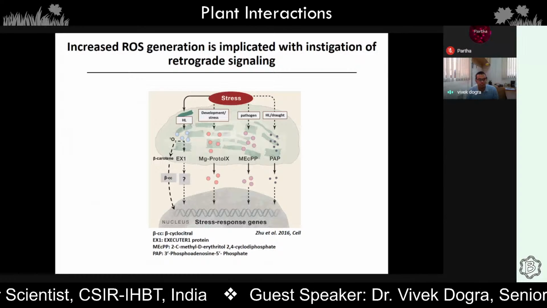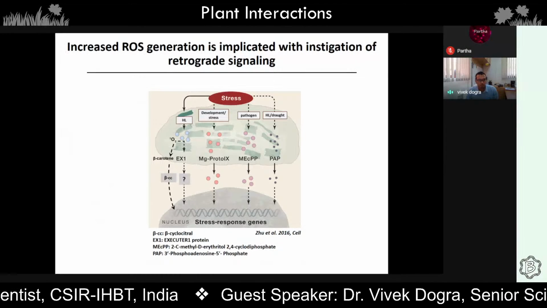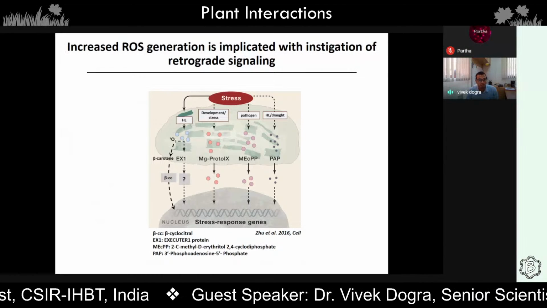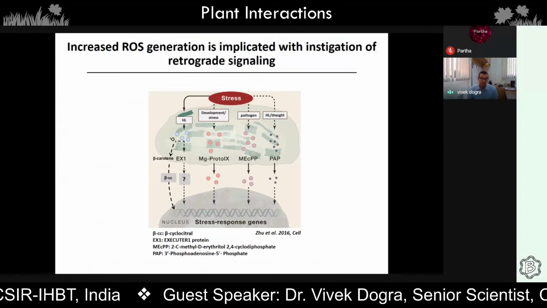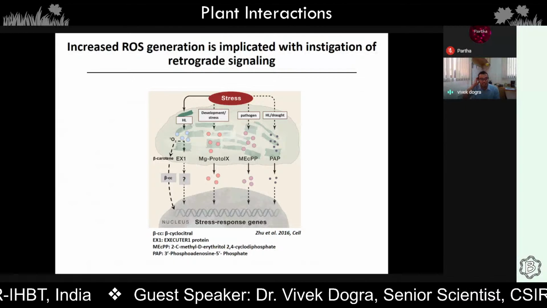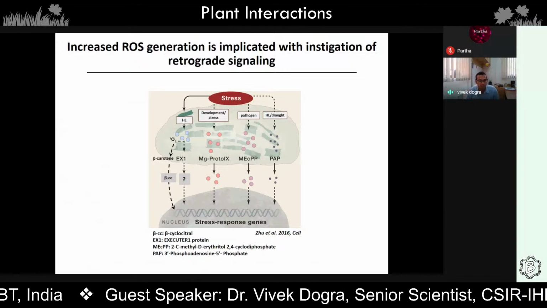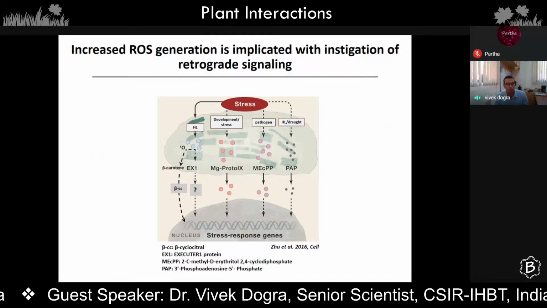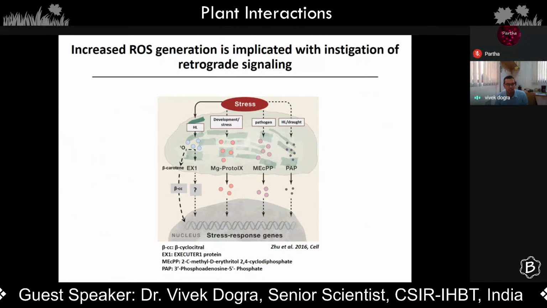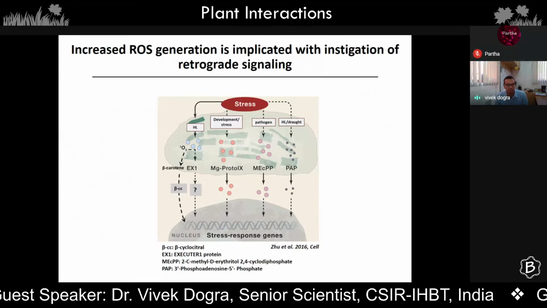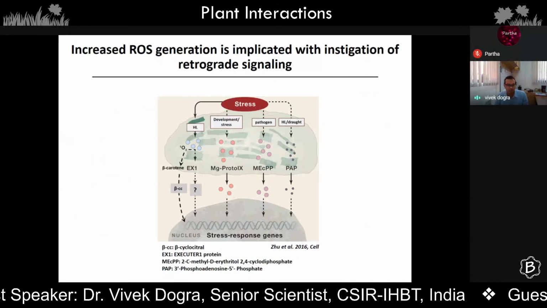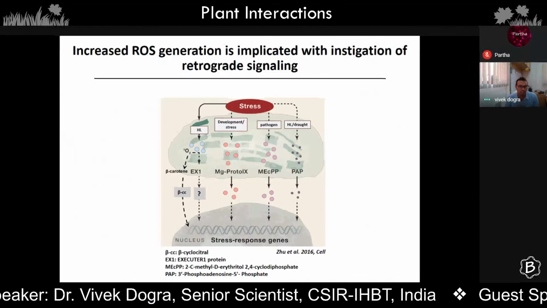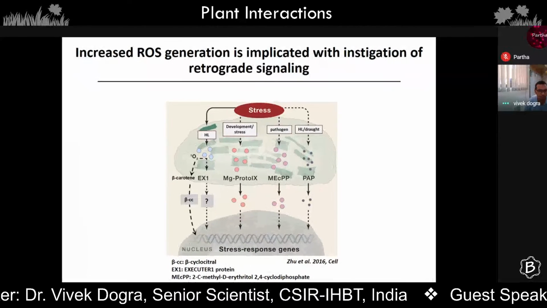These metabolites can accumulate because of the disturbances by the ROS, and then these accumulated metabolites can instigate certain signaling via certain molecules to talk to the nucleus, where the nucleus will change its gene expression, and then further action will be taken to really save the plant, or let it go towards cell death.